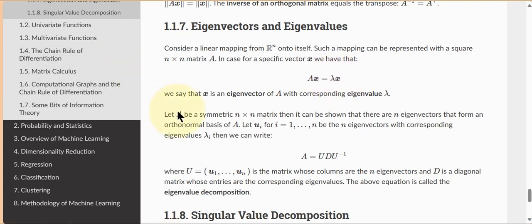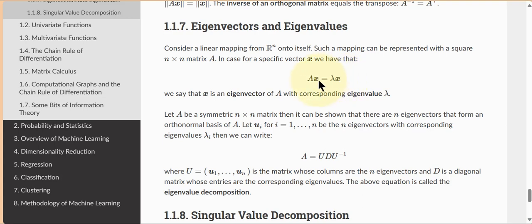Okay, so some interesting things now. Of course not every matrix is symmetric, but if A is symmetric, then it can be shown that... Suppose we find an x which has this property that when you multiply it times A, you get just a multiple of x.